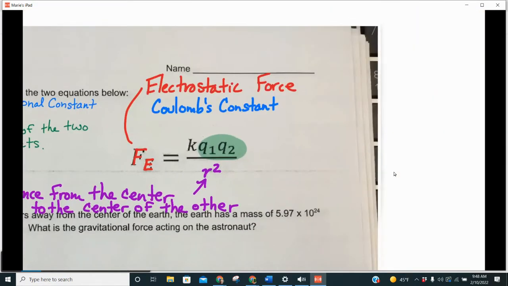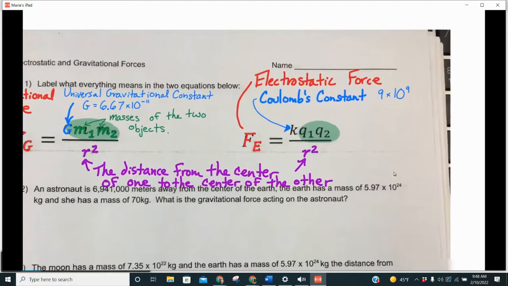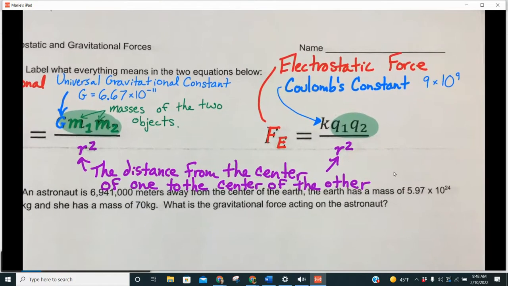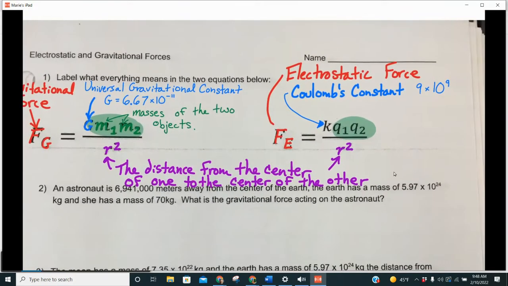And Coulomb's constant is always going to be 9 times 10 to the 9th. I know K and C are not the same thing, but they sound similar, so we'll just go with it. So that's Coulomb's constant.